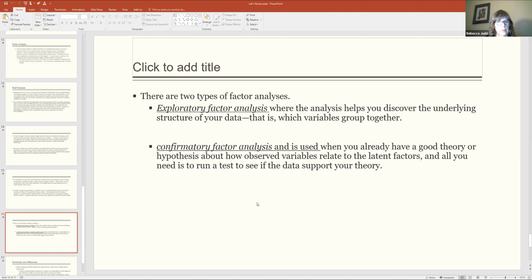Confirmatory factor analysis, you've already got theory or hypothesis about those variables and the latent factors, and you're going to be looking for very specific relationships in there, because you're wanting to see if your data supports your theory. So it's more of a testing. Exploratory is really kind of exploratory. How does this data fit together? What do these patterns look like? Confirmatory is exactly what it says. You're trying to confirm your hypothesis, your theory, that these are the patterns that happen in these variables.